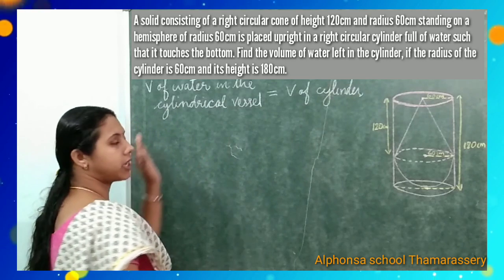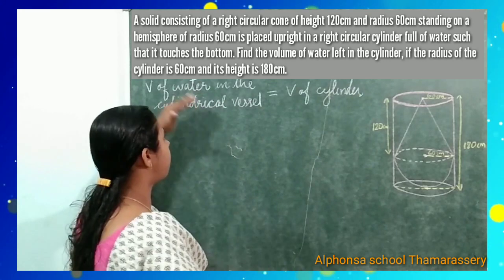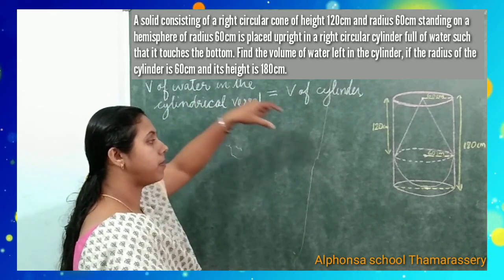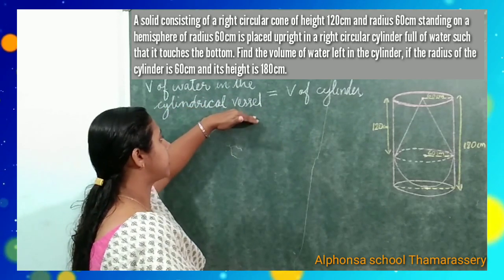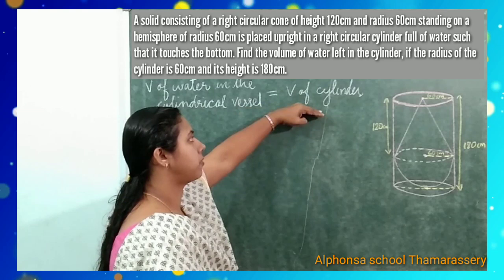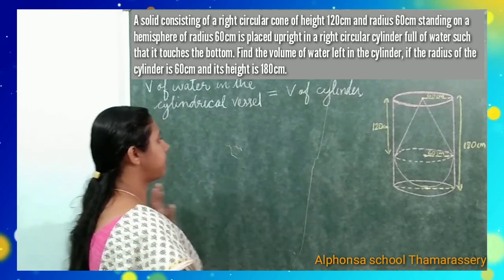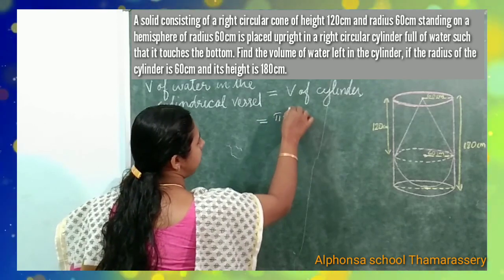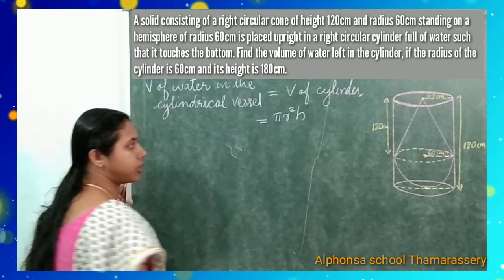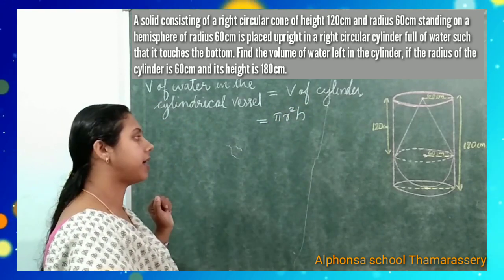That means the total volume. Volume of water before keeping that solid in the cylinder, the volume of water in the cylindrical vessel is equal to the total volume, that is the volume of the cylinder. That we can find out by using the formula pi r square h. We know the radius and the height.